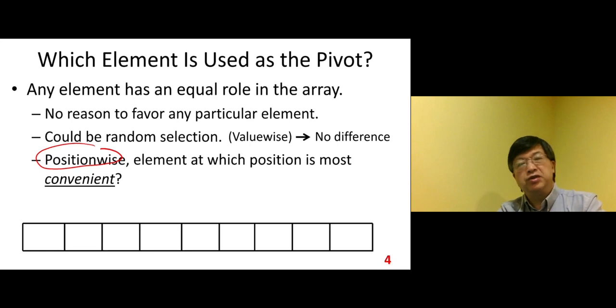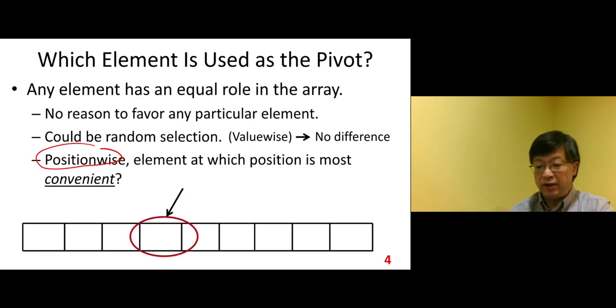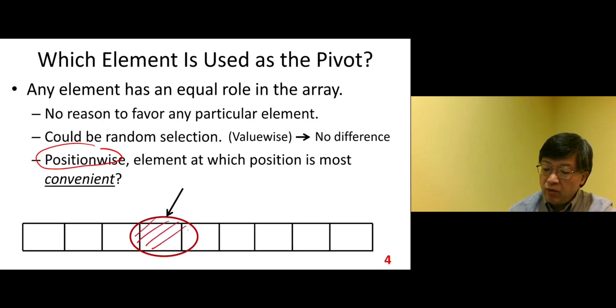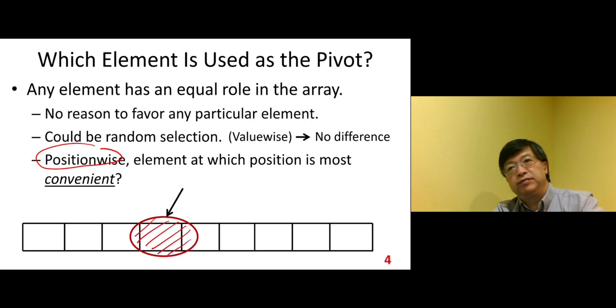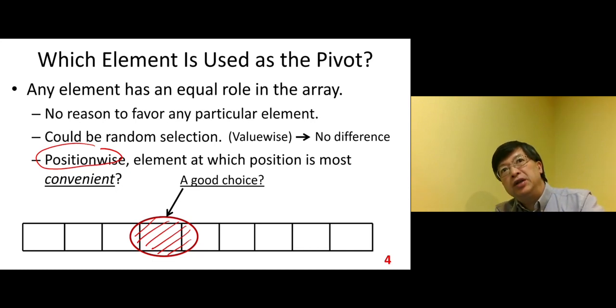Some positions are quite different from other positions. Yeah, so let's look at here. For example, suppose we select an element with the position like this, somewhere in the middle of the array. Okay? Is it a good choice? So if we try to do the partition, is it a good choice?